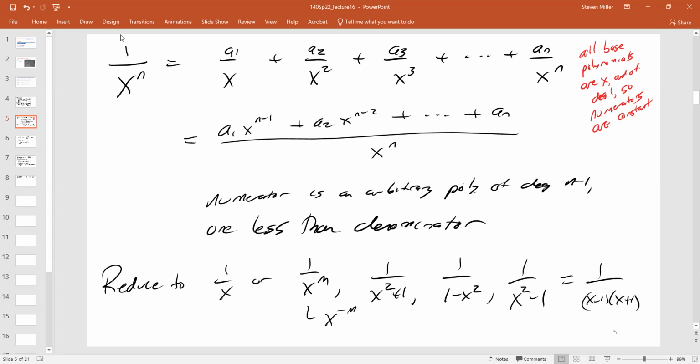When I combine these like this, notice I already have the most general polynomial I can of degree n minus 1. By putting in a higher degree polynomial for the x squared term and the x cubed term and so on, it doesn't give me any more generality in terms of what I can get. There's more than one way to get to the same polynomial.